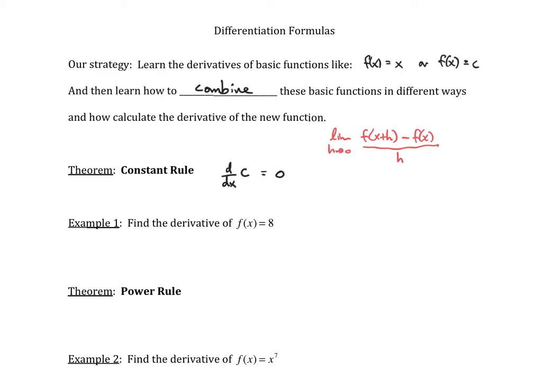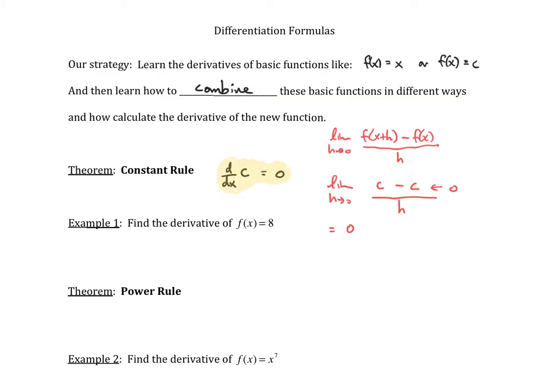Now in our case, f of x plus h is just a constant, so that's the limit as h goes to 0 of the constant minus f of x is also a constant, that's just c, divided by h. And when we simplify the numerator, we're going to get 0. So we're really finding the limit of 0. And the limit of 0 is just 0. So that's why we have our differentiation formula for the derivative of a constant.